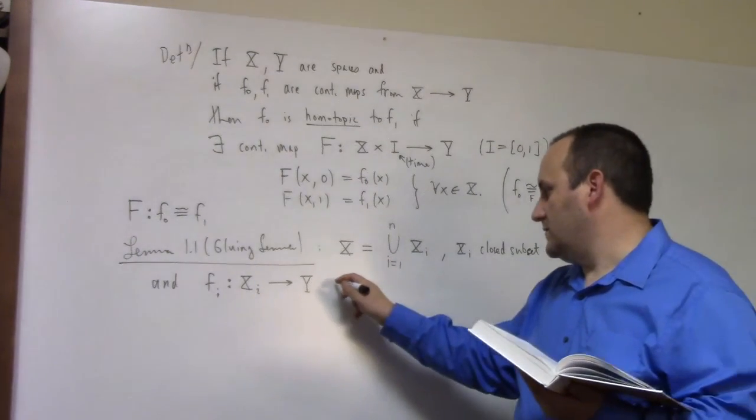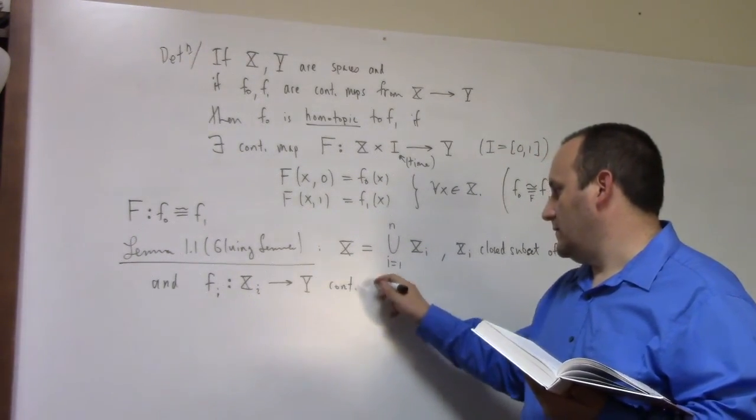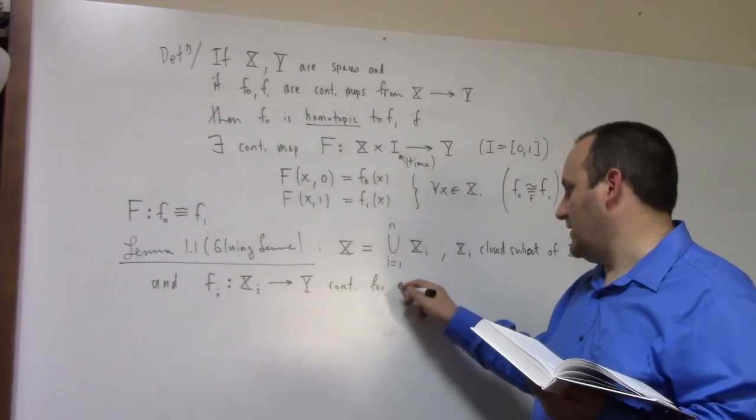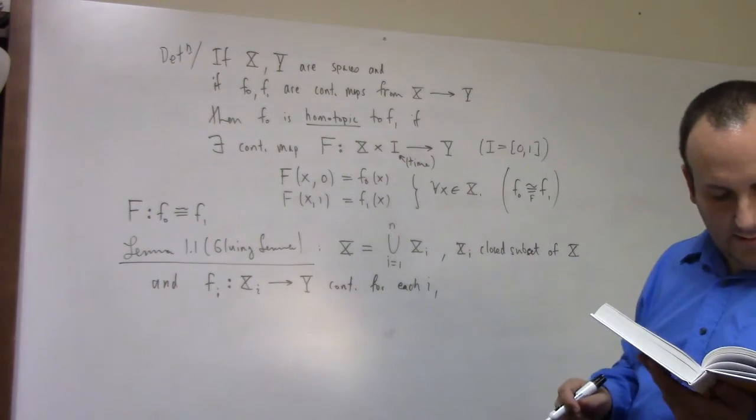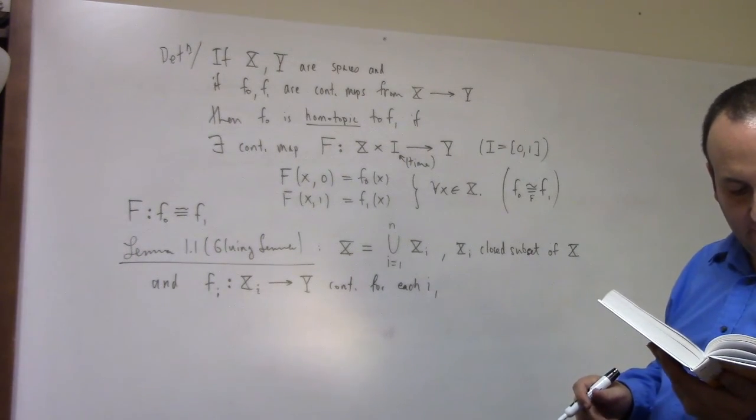Anyway, so these are continuous for each i, and they agree on overlaps.